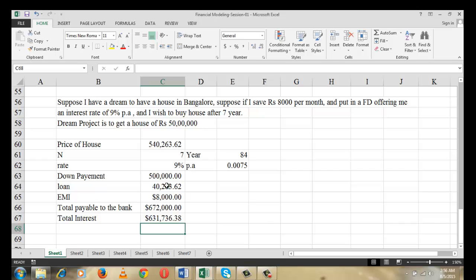So the price of the house, if I make a down payment of 5 lakh rupees, and I'm ready to pay an EMI of 8,000 rupees in this case, I can calculate my EMI.